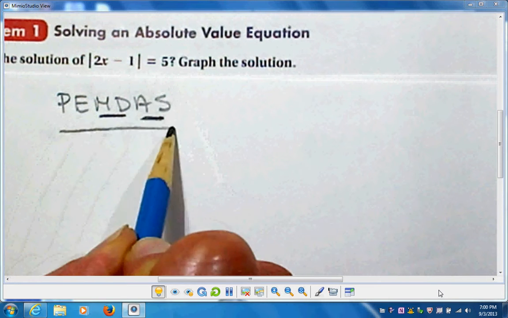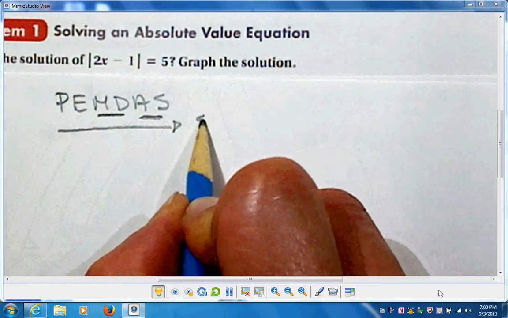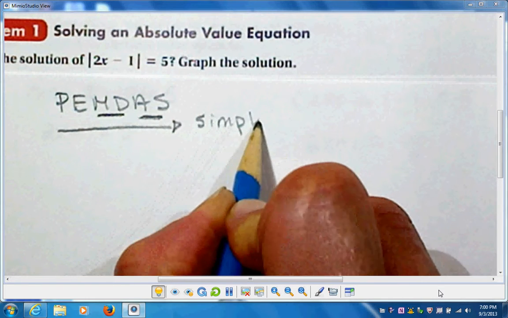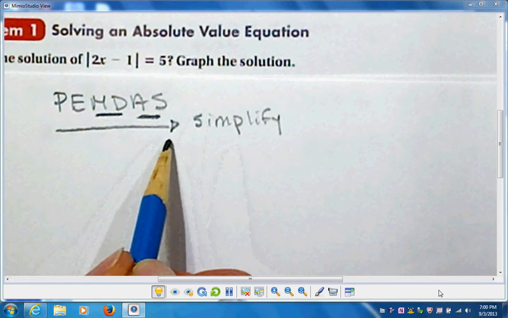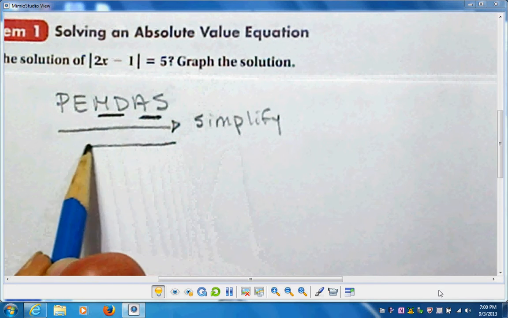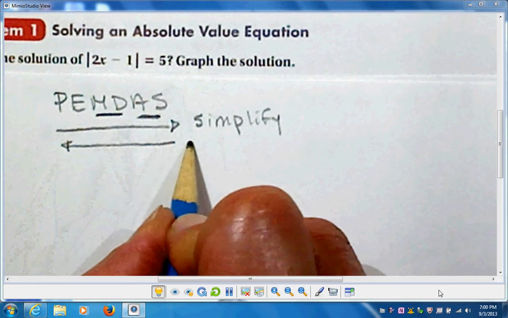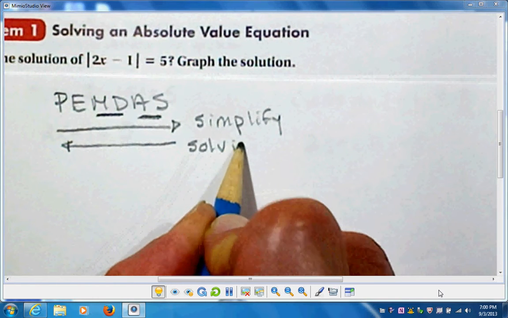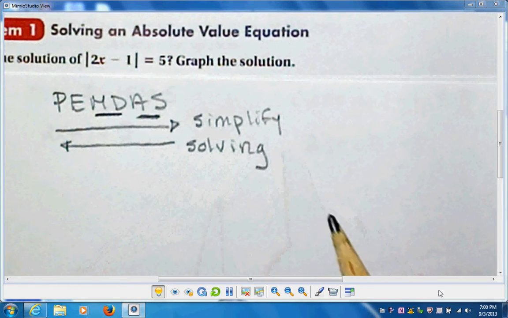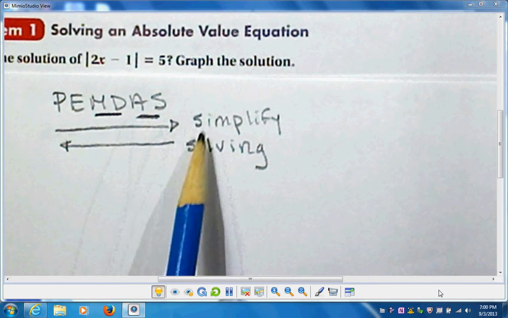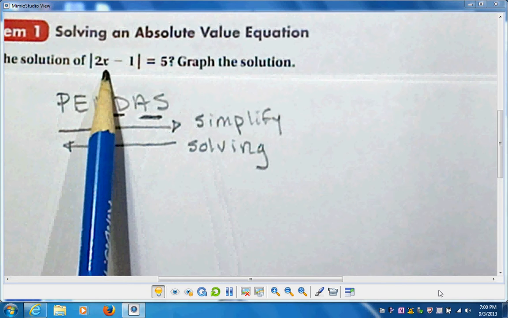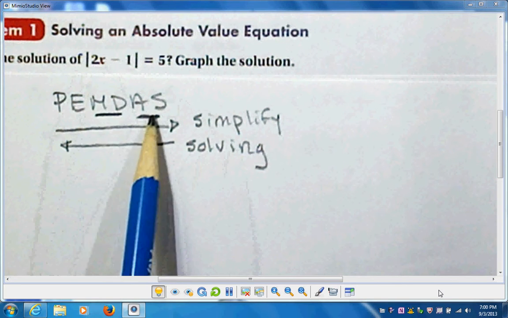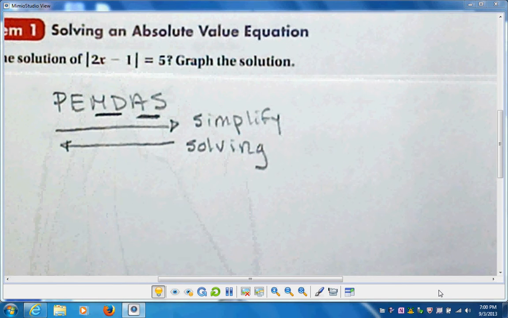We talk about it going this way when we're simplifying the problem. But I want you to think of using PEMDAS backwards when you're solving for something. Are we solving? Yes, we're solving for x. So we're going to do PEMDAS backwards.